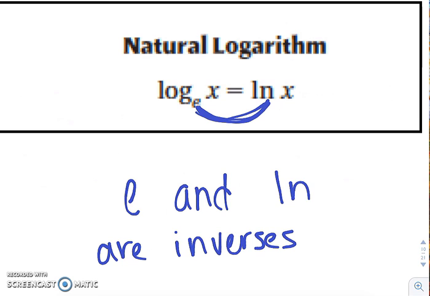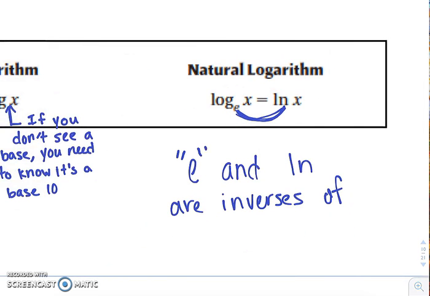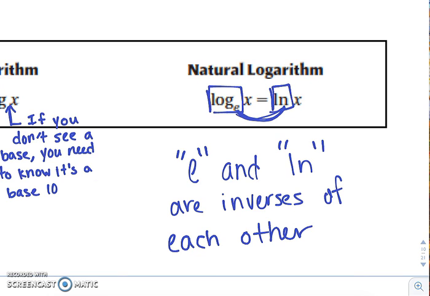And we'll talk more about that when we find inverses. But they essentially undo each other. So log base e or natural log are the same thing. Log base e of x or natural log x, they're both the same thing. So we'll practice some to get you a little more familiar with them.